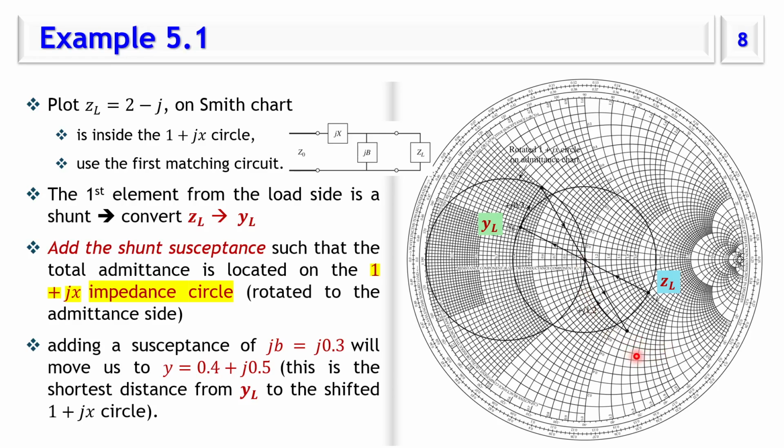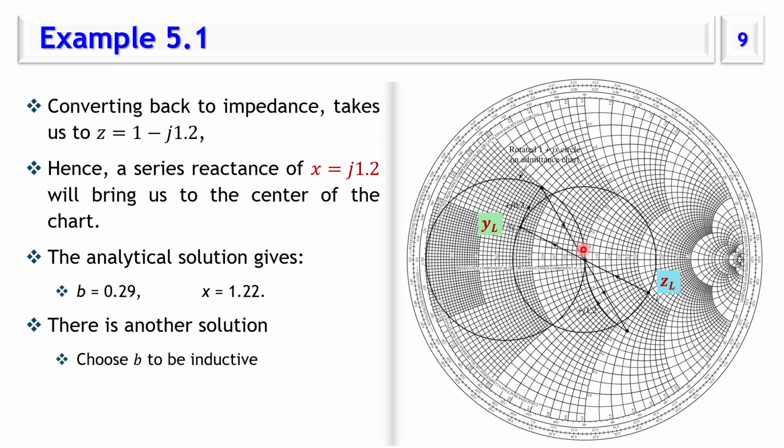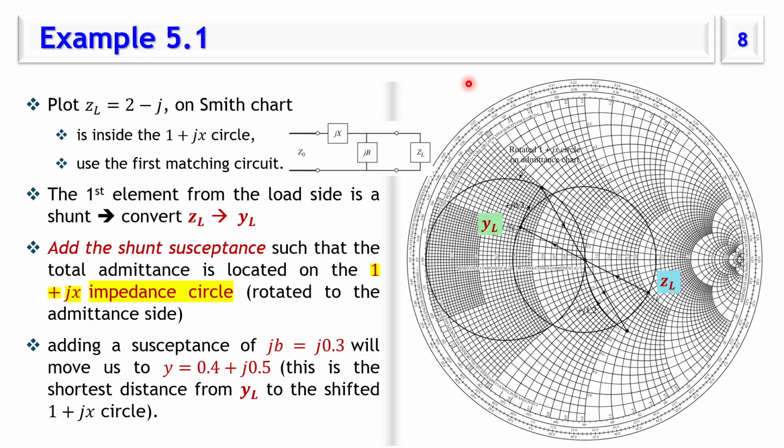This one is minus 1.2, so we need x to equal 1.2. So if we have x equal 1.2 and b equal 0.3, we have an L network matching for this ZL.